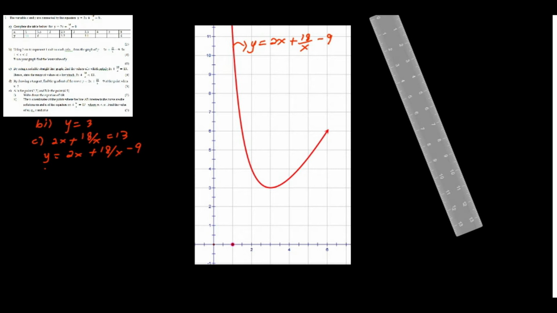I'm going to write this function as y plus 9 equals 2x plus 18 over x, so that I can substitute in the equation given. So y plus 9 equals 13, so you get y equals 4.